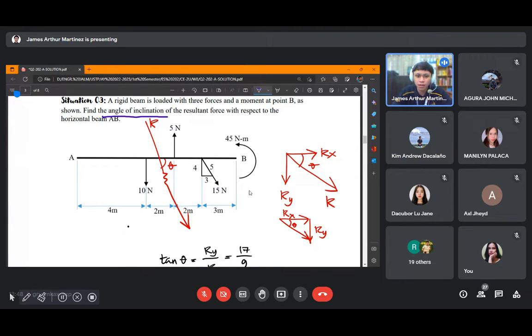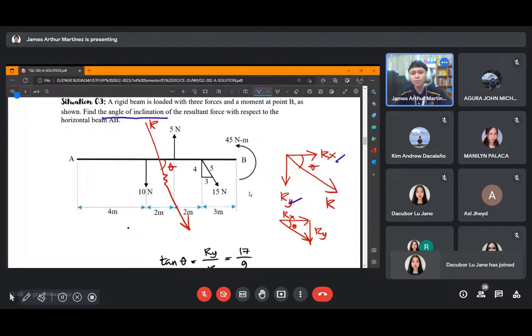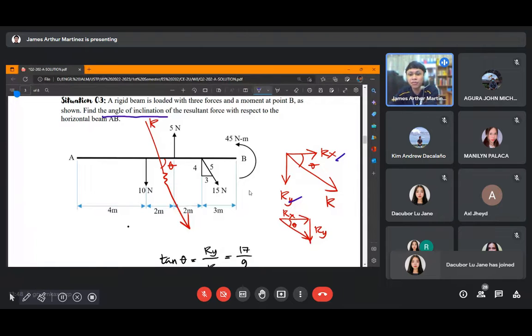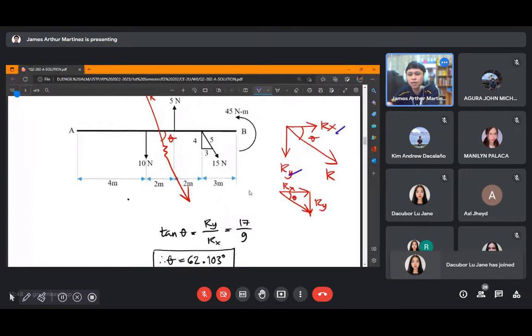So by the way, no, dali ra kayo ninyo makuha ang angle theta because we'll just take advantage of the components of our resultant force R. Di ba na-solve naman nato si Rx and si Ry? So if i-plot nato sila, we'll have these lines of actions no of our forces. So out of that, kung applyan nato na siya og triangle law, no?